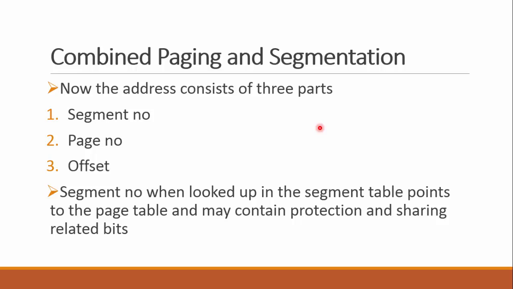What the segment number does is it points to the page table. We use the segment number and go to the segment table. The segment table contains a reference to the page table, not the page number actually, and also contains protection and sharing bits, denoting whether the segment is shared or protected.